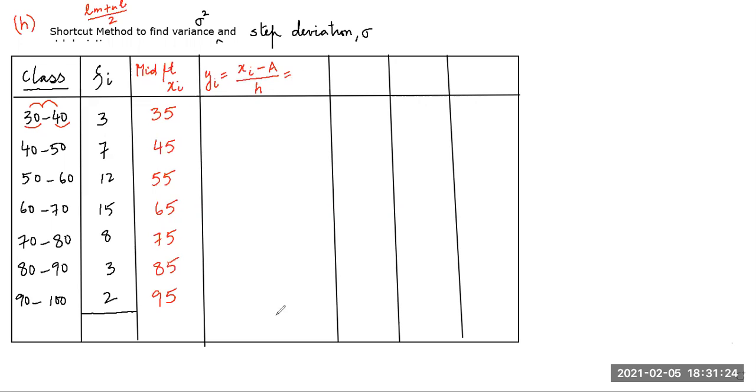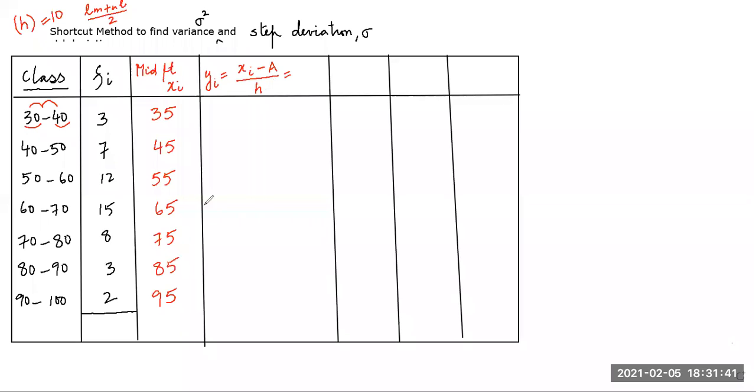So here you can see students, h is equal to 10, that is the class size. Everywhere it is the same. It can be different also, then a little different approach we will take, but now we will do the sum for constant h.